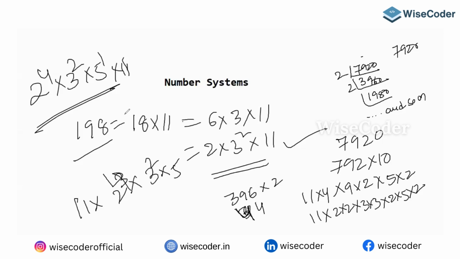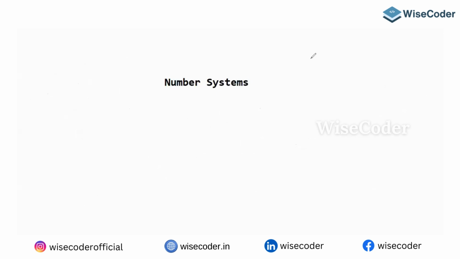And he is going to ask you, find the number of factors. How are we going to find the number of factors? Let's say number 12 is there.